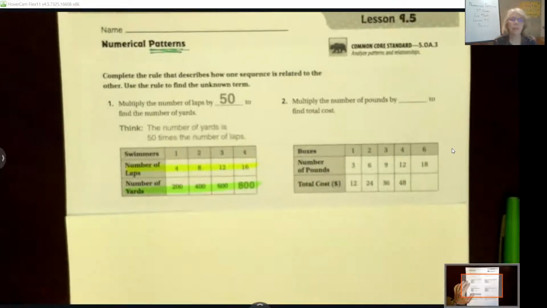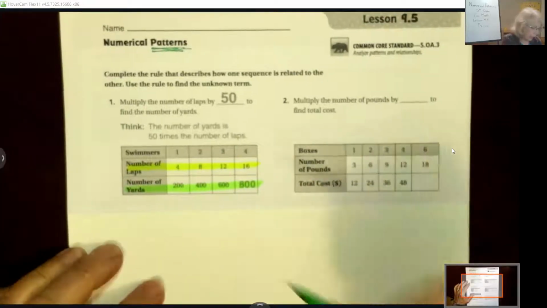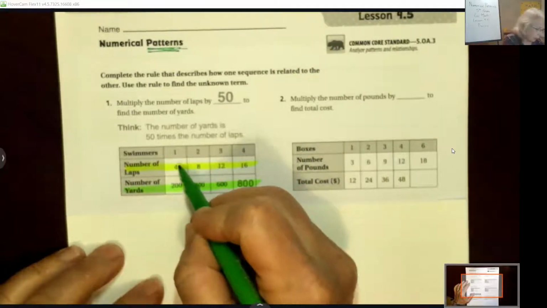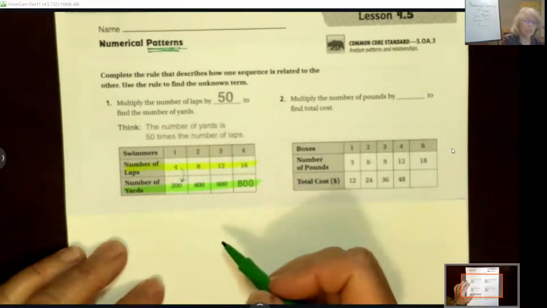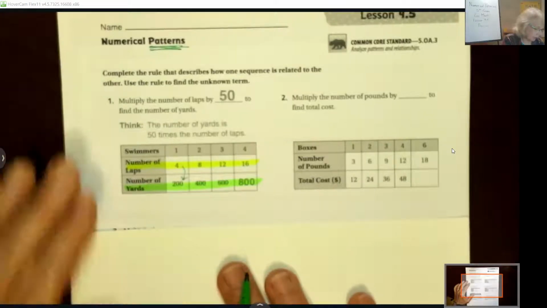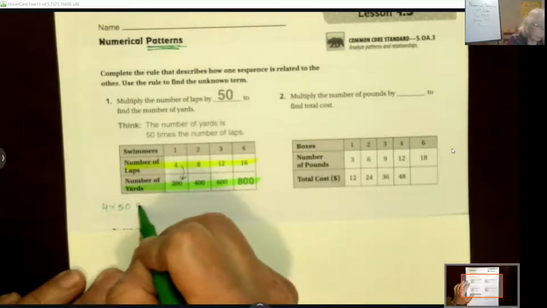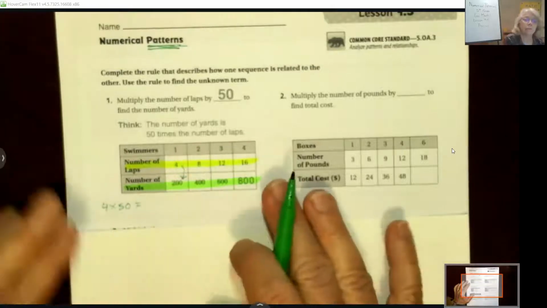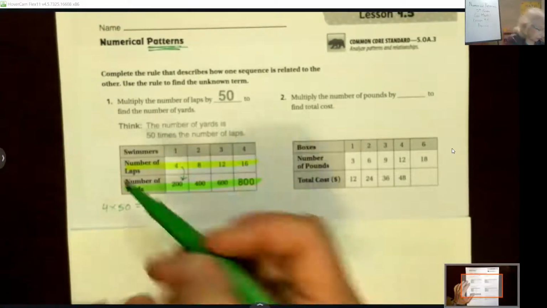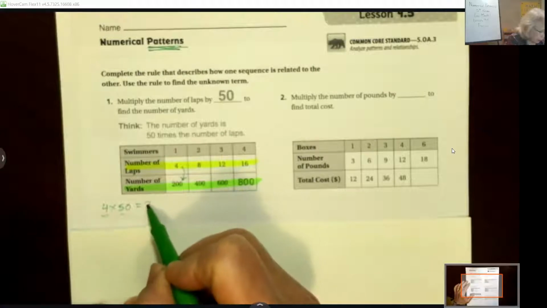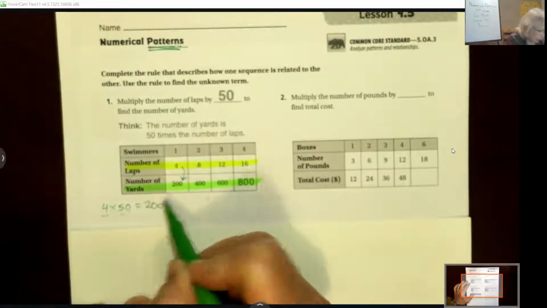And if you look at that carefully, you'll see that to go from 4 to 200, we multiply times 50. So 4 times 50, we went over this in a prior video, actually one for 4th grade, where we go 4 times 5 equals 20 and add a 0.